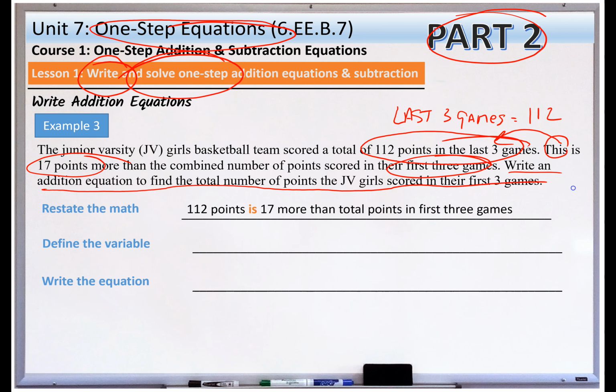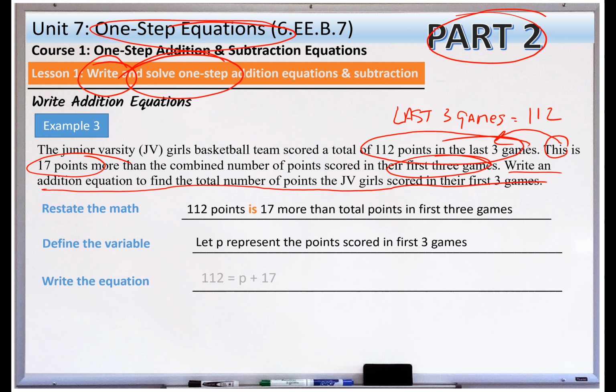All right, so the way I restated it was the 112 points is 17 more than the first 3 games. I don't know how many points they scored the first 3 games, so that's my variable. I'm going to use P to represent the points scored in the first 3 games.